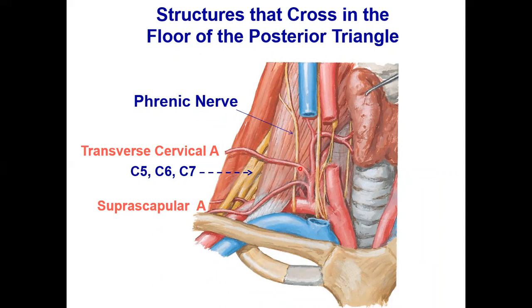Oh, and this is your transverse cervical artery. This is one of the branches off of your thyrocervical trunk. And then here's your suprascapular artery, another branch off of your thyrocervical trunk. So here's that thyrocervical trunk, your suprascapular artery, here's the transverse scapular artery. And then here's your phrenic nerve deep to them.